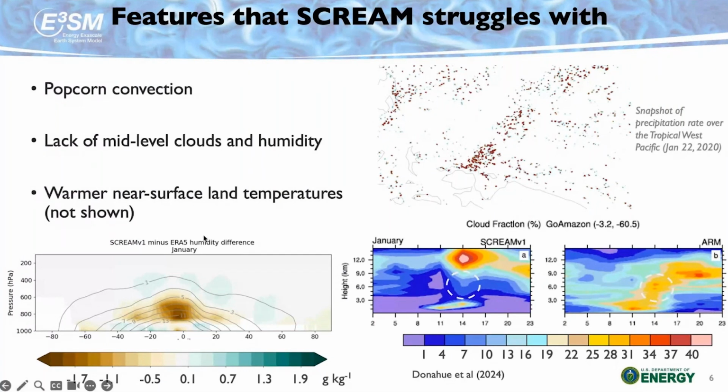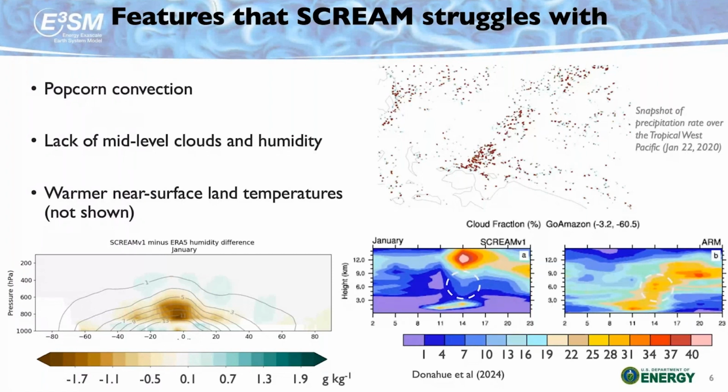I'm showing this for January, but we see this across all 4 seasons. And that's flanked with a little bit of a moistening, as there is moisture in the boundary layer and also the upper troposphere, but it's too dry here. The running hypothesis that we have so far is that we're missing congestus clouds.